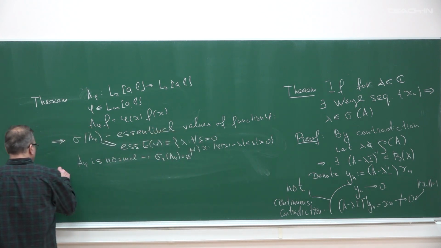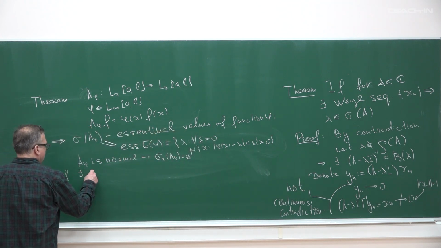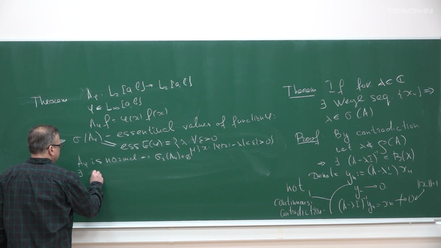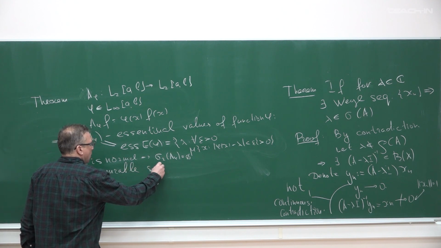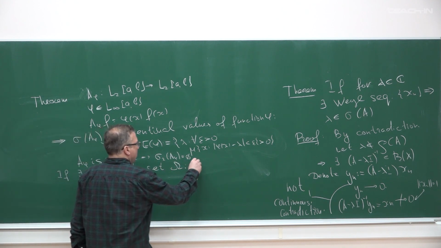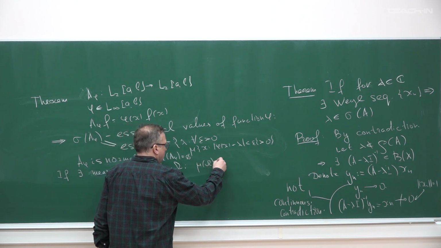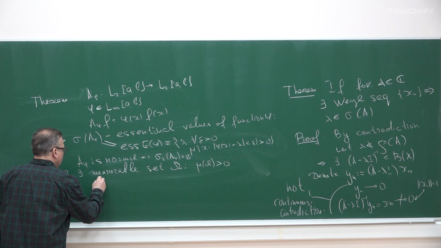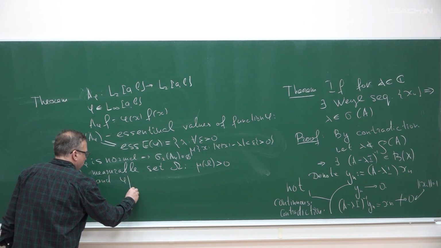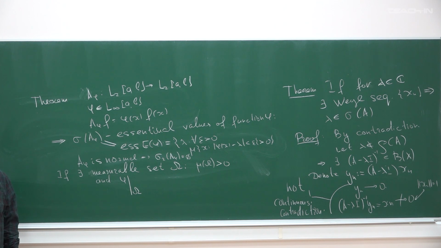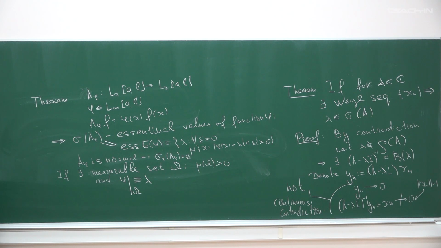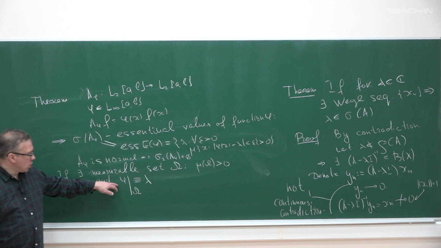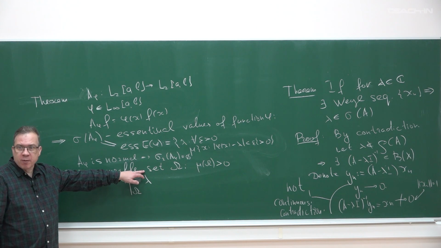If there exists a measurable set omega such that the measure of omega is positive and phi reduced to this omega is constant, so the function is constant on a set with positive measure, then lambda is in the point spectrum.